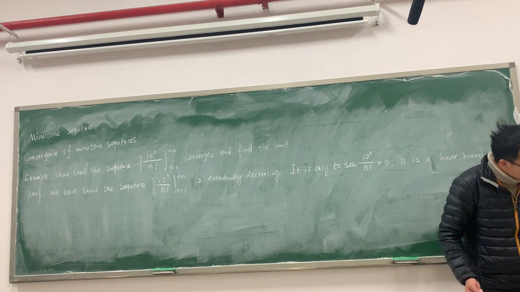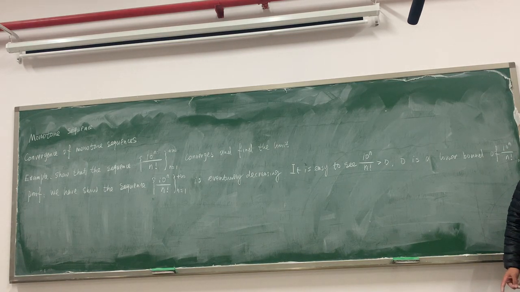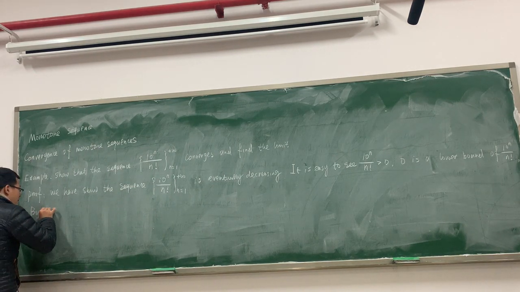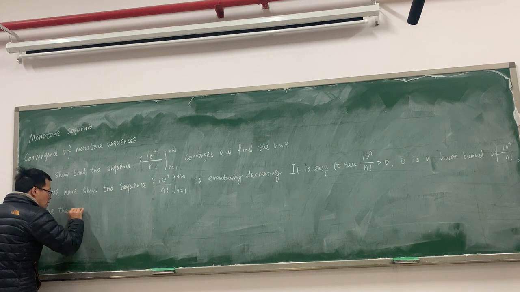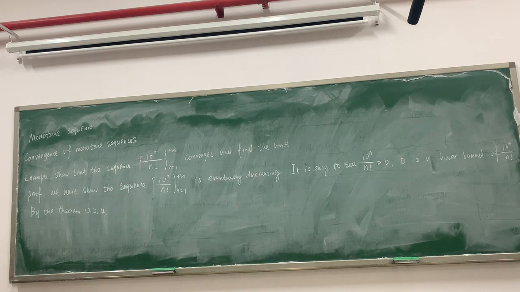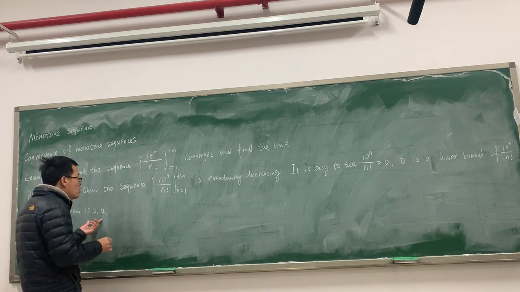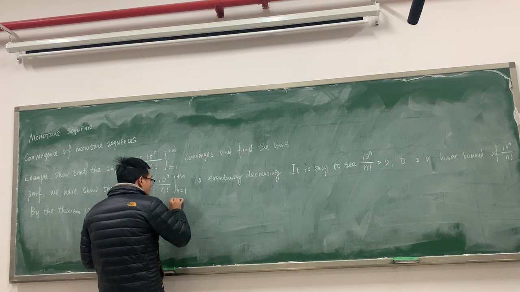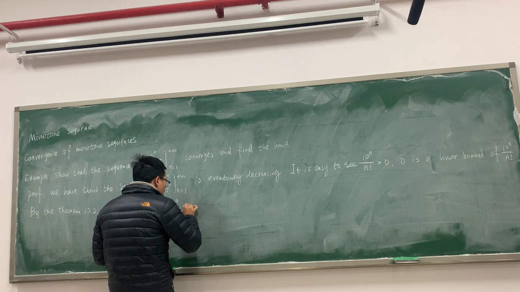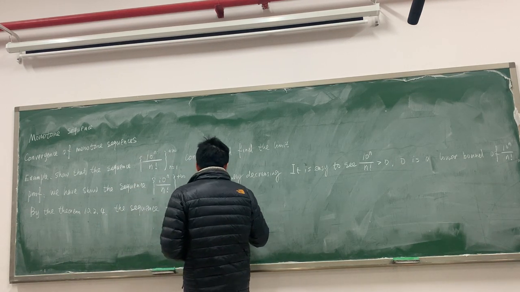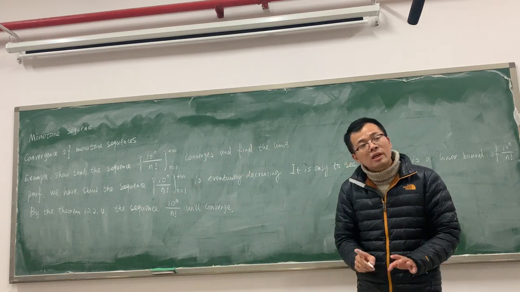So by the theorem, since the sequence is eventually decreasing and has a lower bound, the sequence 10^n over n factorial converges.